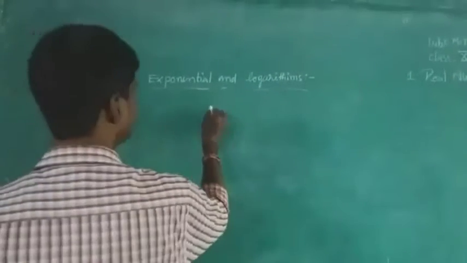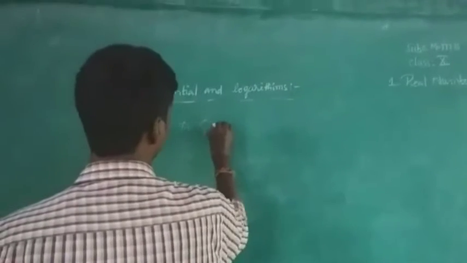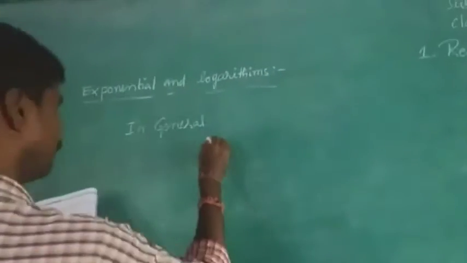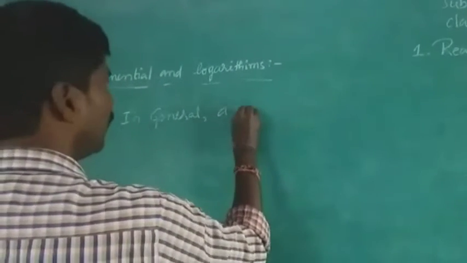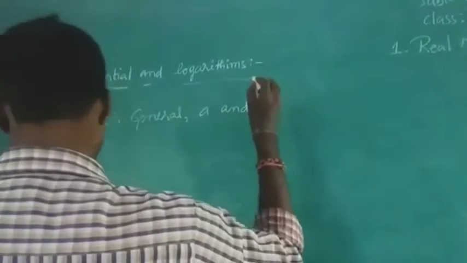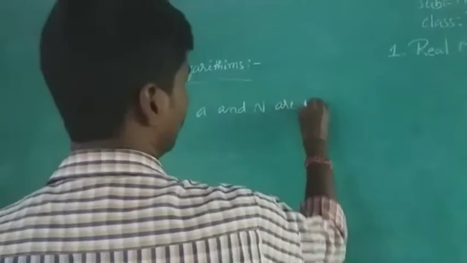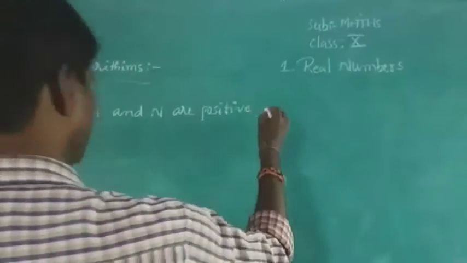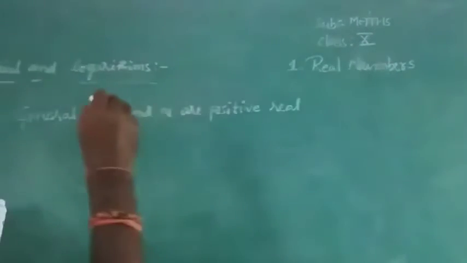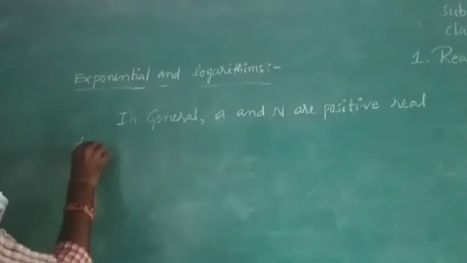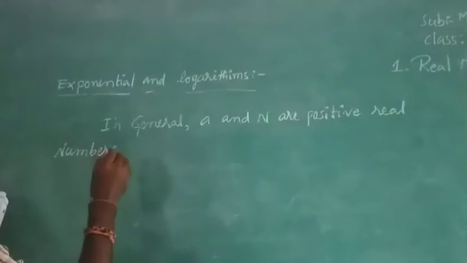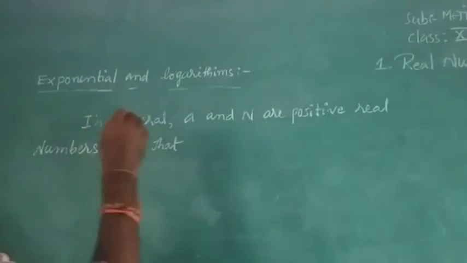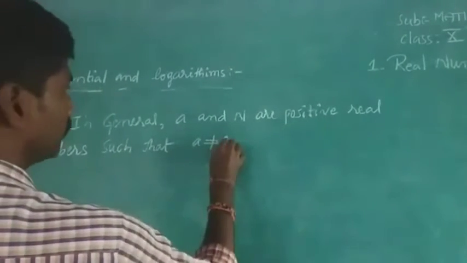In general, a and capital N are positive real numbers such that a not equal to 1.